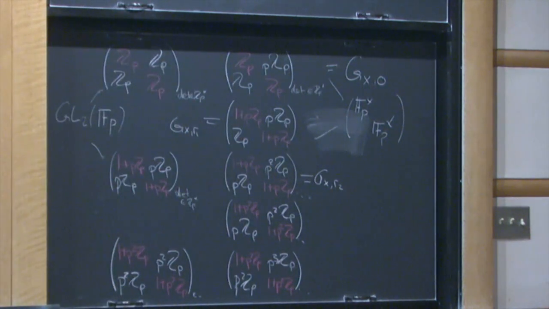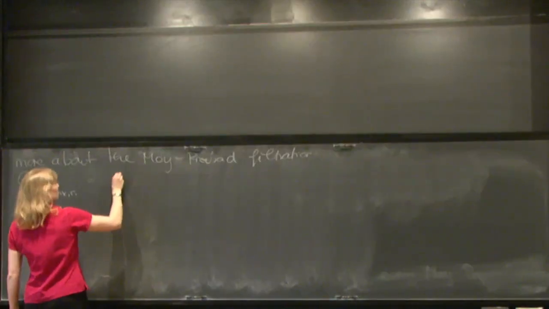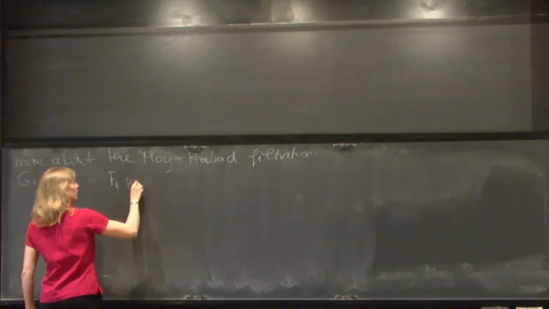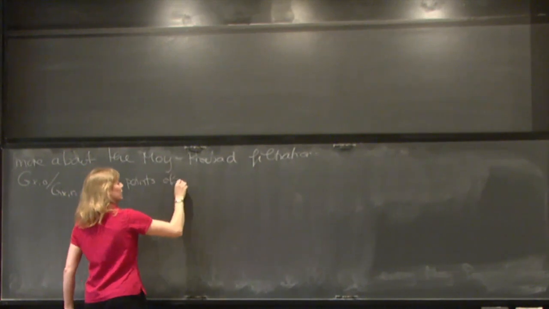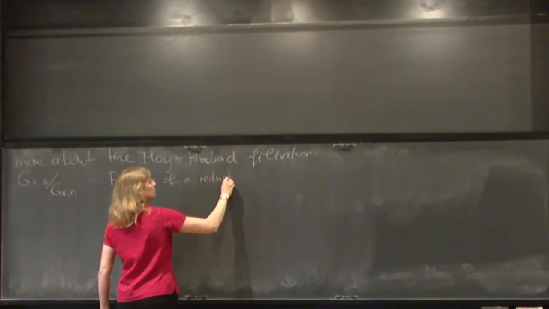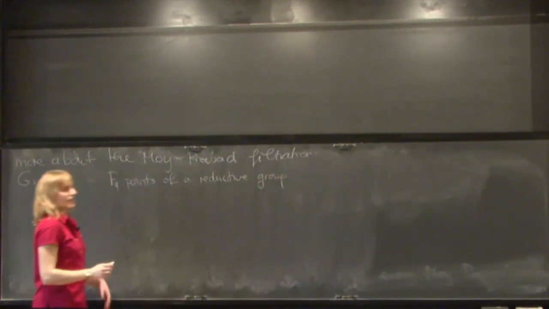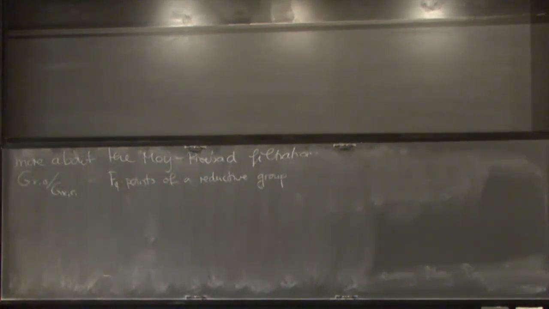This G_x,0 or G_x,r_1 can be identified with the F_q points of a reductive group. It's often called the reductive quotient because what it actually is, it turns out to be the reductive quotient of the special fiber of a parahoric group scheme that Bruhat and Tits attached to a point of the building. So this quotient is particularly nice.